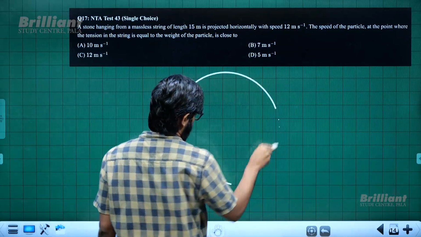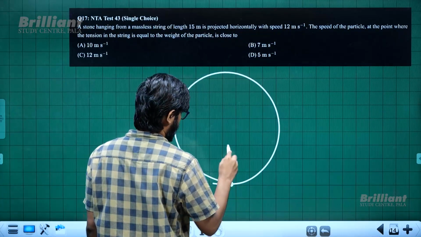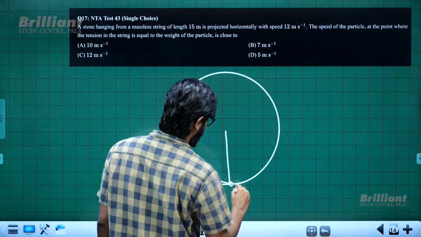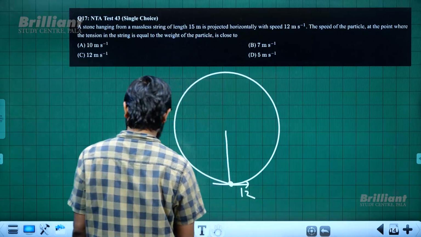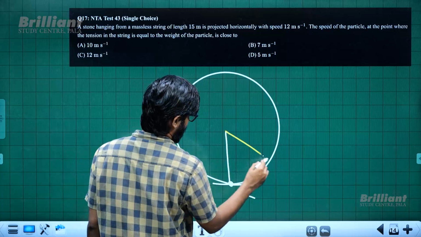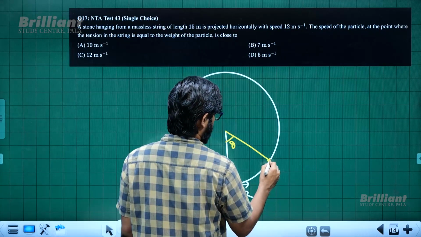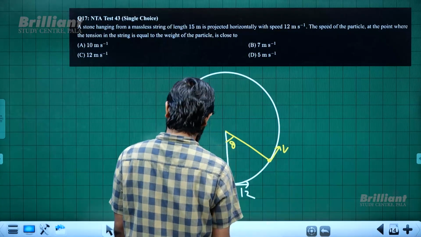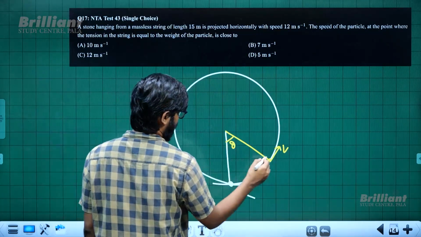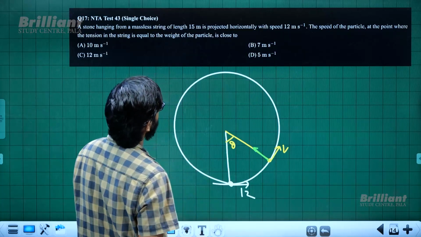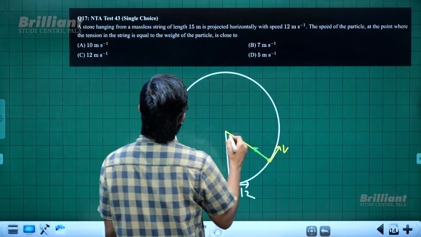So there is this thing attached to a string and you are giving a velocity 12 to it. Now when it makes some angle theta with the vertical, and the speed is v, how many forces will be there? There will be tension, and what they said is the tension equals twice the weight of the particle.